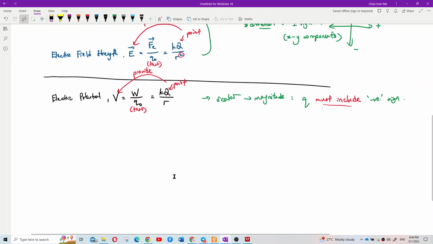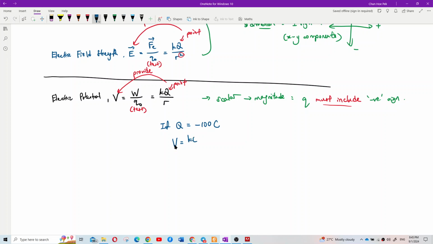You say that the charge must include the negative sign. So in what situation must you include it? It means that if, let's say, the charge Q is negative 100 coulomb, and we want to find the magnitude of potential V, what formula do we use?